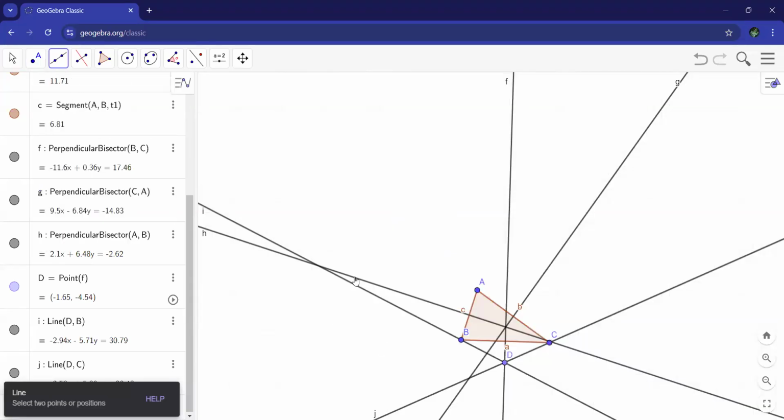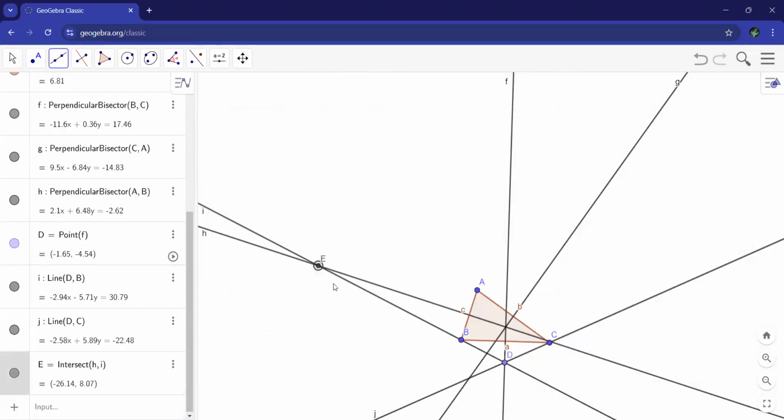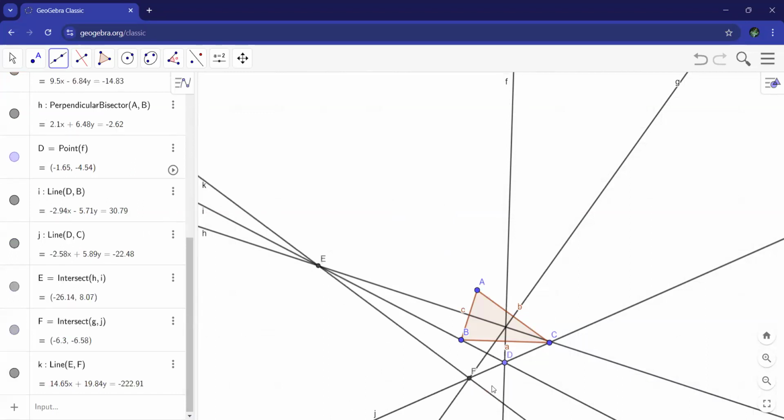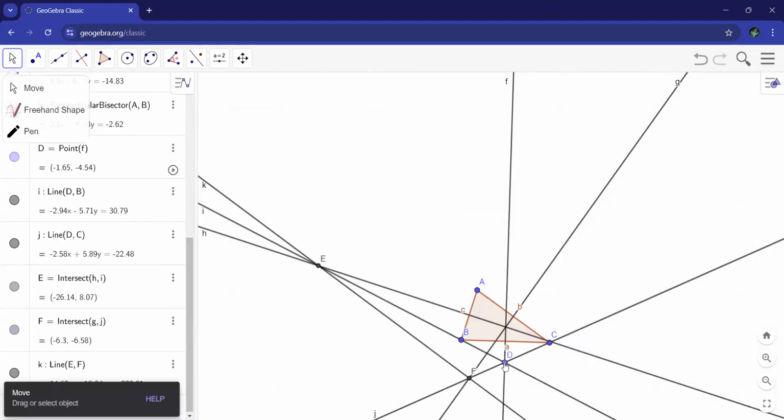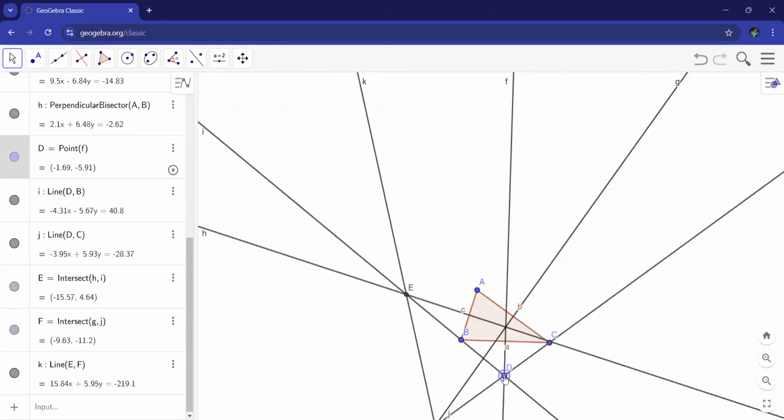And those are going to be our P and Q. And as D varies, we want to find out what is the fixed point that it's passing through.